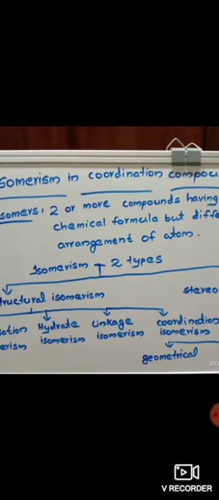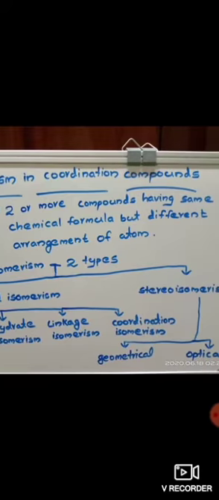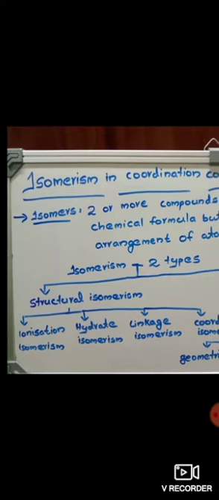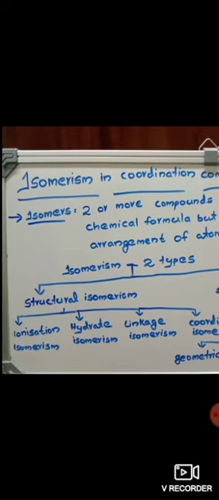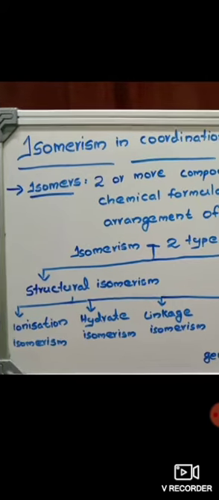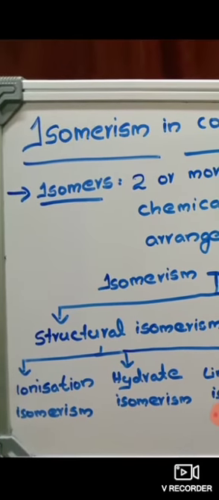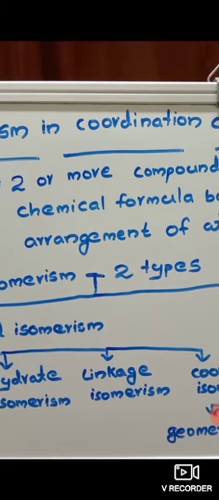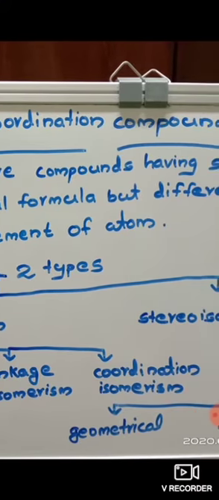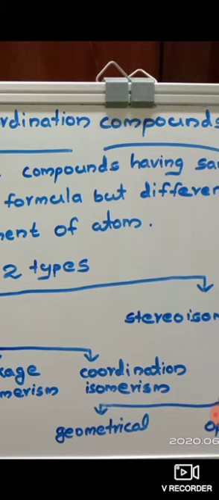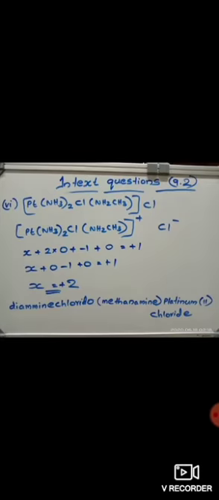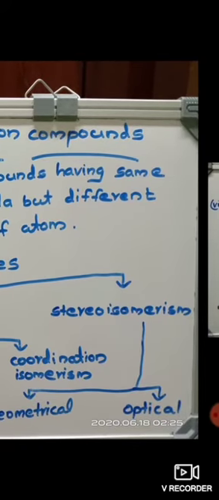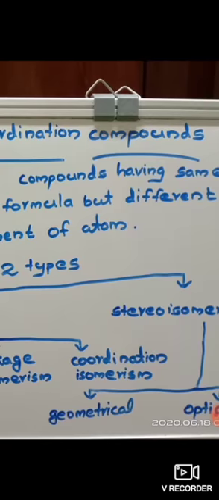Isomerism is of two types, structural isomerism and stereoisomerism. In the case of coordination compound, structural isomerism is of different types: ionization isomerism, hydrate isomerism, linkage isomerism, and coordination isomerism. Stereoisomerism is also of two types, geometrical isomerism and optical isomerism.